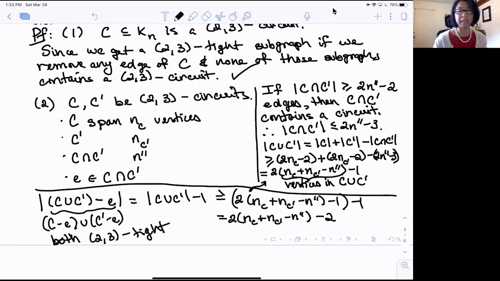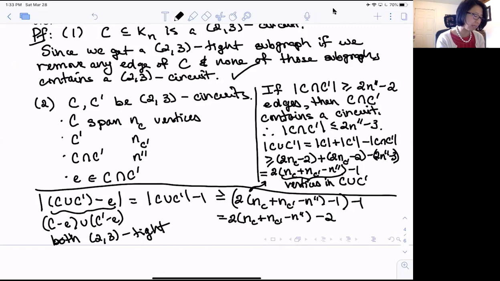And then the gluing lemma from chapter 8, where we proved the LPG theorem, says that if I take 2-3 tight graphs that overlap on at least 2 vertices, and since they share an edge, these do overlap on at least 2 vertices, then either the result is 2-3 tight, or it contains a circuit.